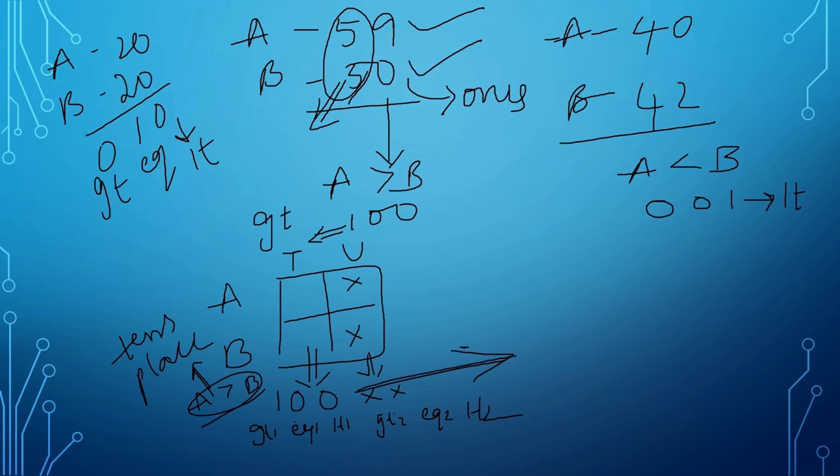The main output, we don't want this one because we already proved that at tens place A is greater than B. So blindly the main output GT, EQ, LT becomes 100. Is it true? Yes.